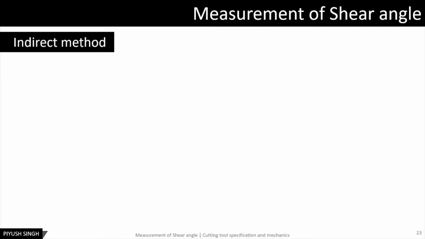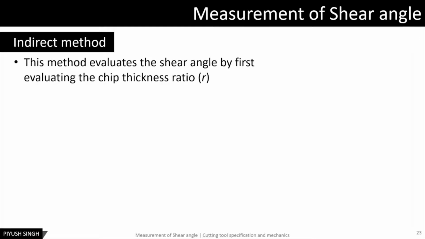Then we have the indirect method. This indirect method is very important from our subject point of view and also for your competitive exams. So please note these down and also derive these with me.